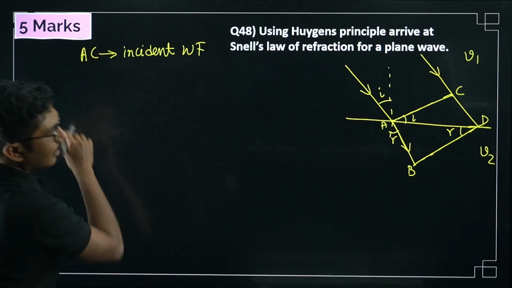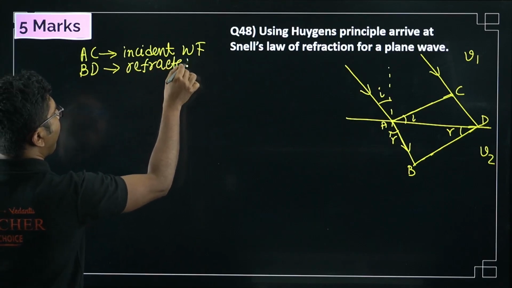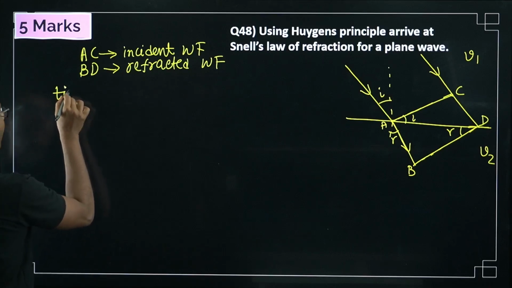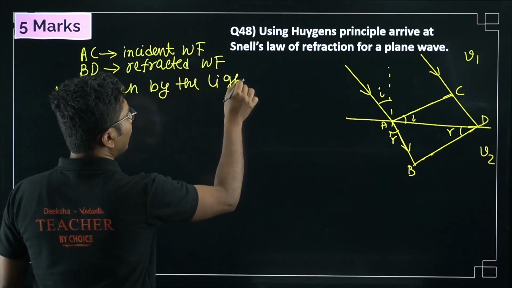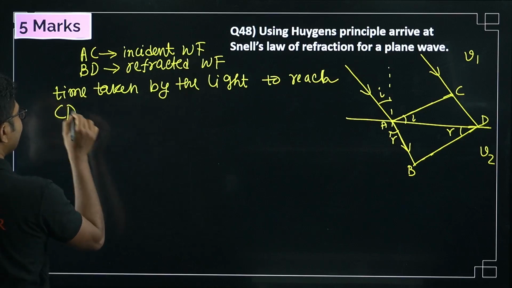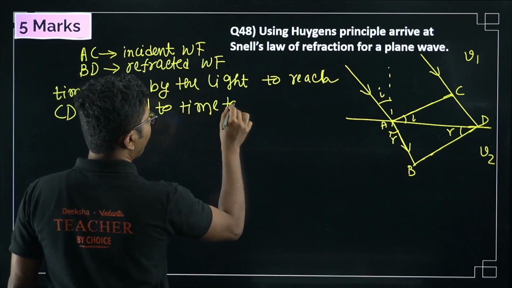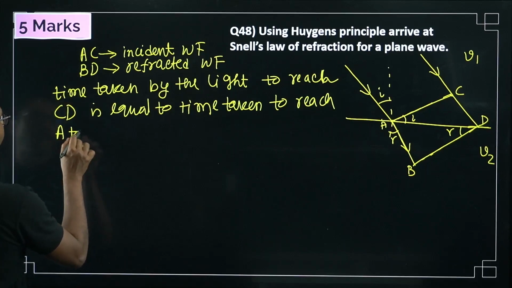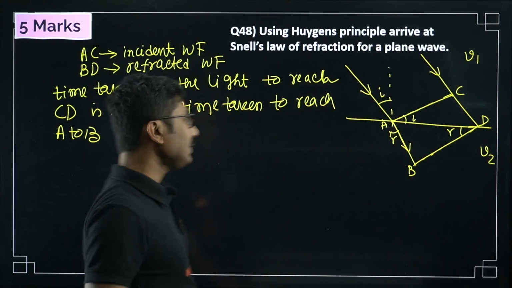Now the time taken by the light to reach C to D, that is CD, is equal to the time taken to reach A to B. So the time by which light comes from C to D, the same time light reaches A to B. That is the main part, right?